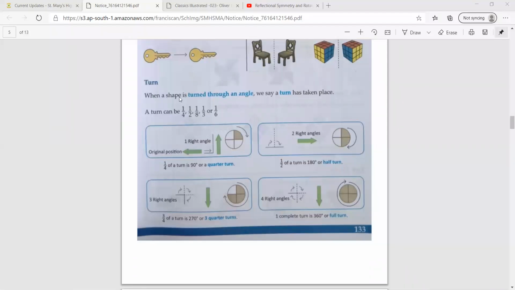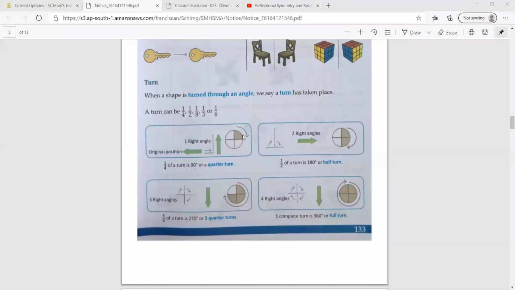When a shape is turned through an angle, we say a turn has taken place. A turn can be 1/4, half, 1/8, 1/3, or 1/6. So don't worry about all these fractions. I will explain them to you one by one. So first we learned about angles, and we know that a right angle is a 90-degree angle.